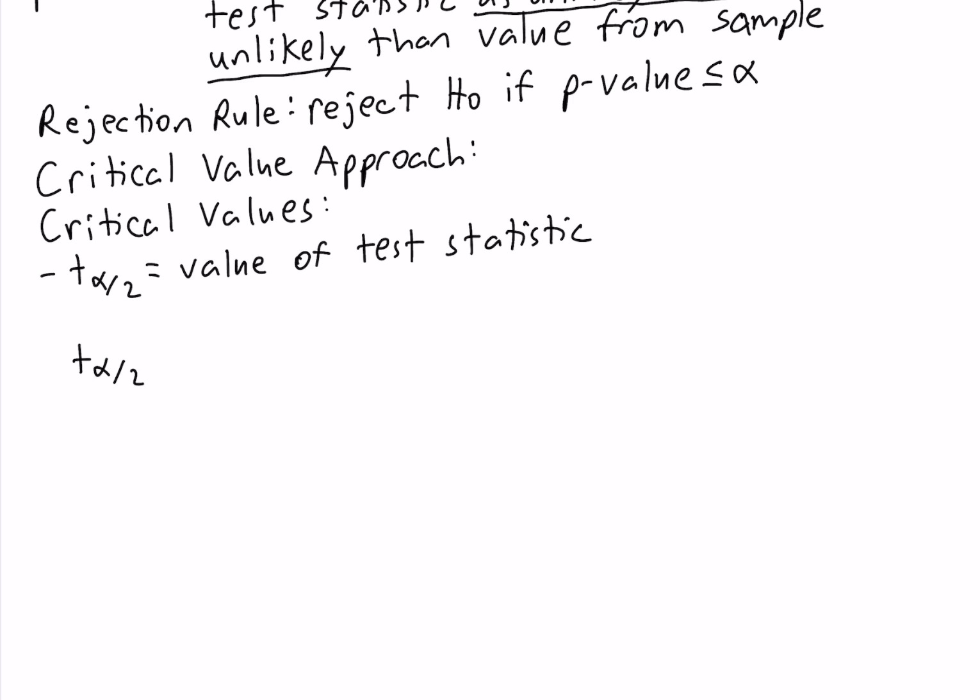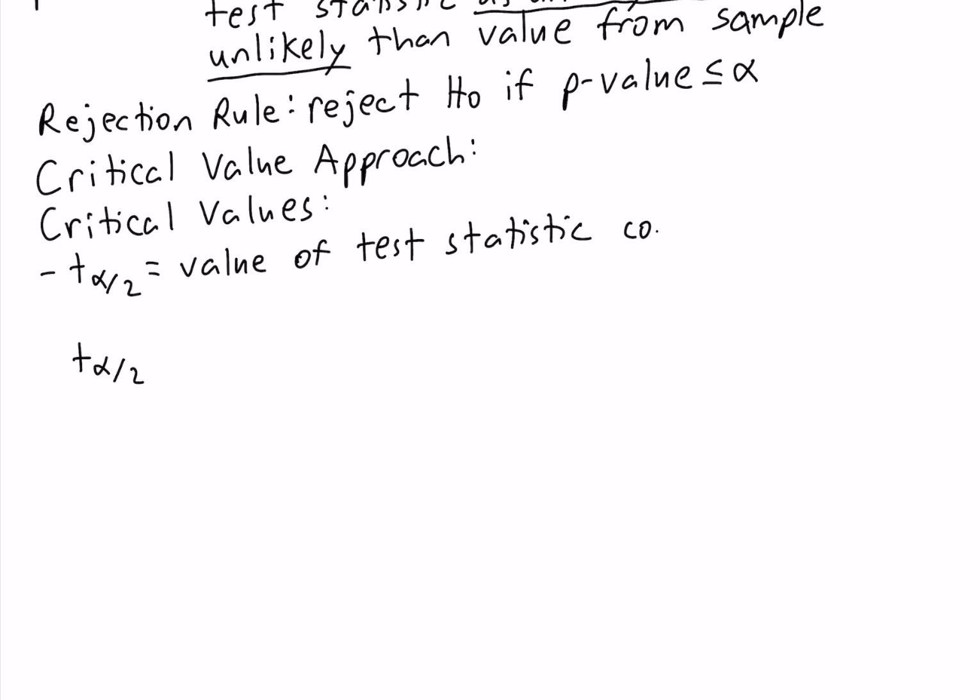Now, when we say value of the test statistic, we're essentially saying the t-value because the test statistic follows a t-distribution. So value of the test statistic corresponding to an area of alpha half in the lower tail.